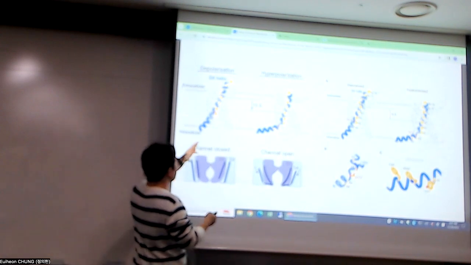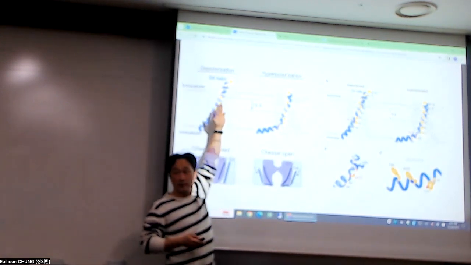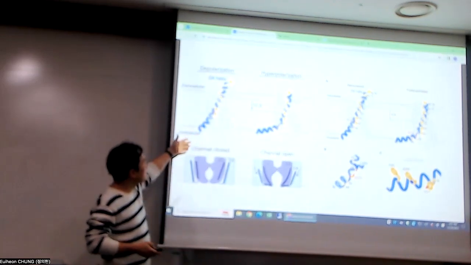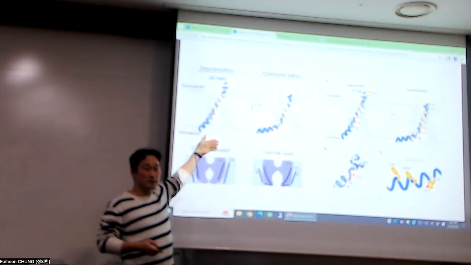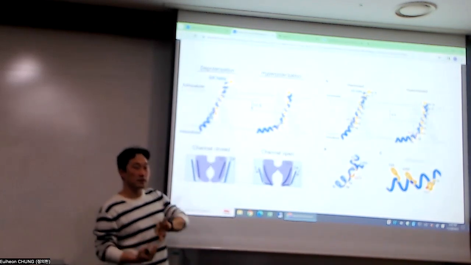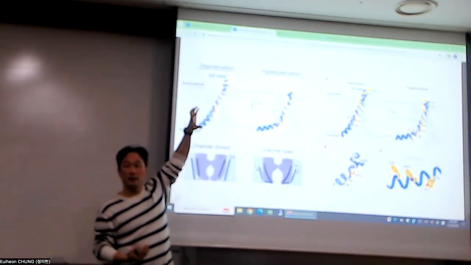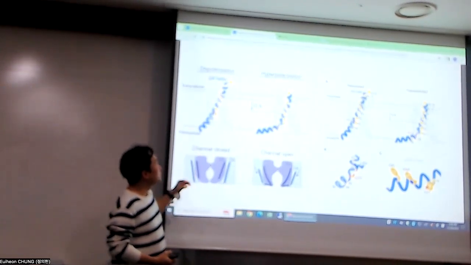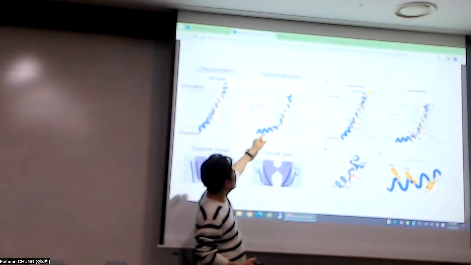So many positive charges align in this transmembrane region. In depolarization, the intracellular region is polarized, the positive charge is pushed outward, and bounces back. Understand? Okay. Then what happens in hyperpolarization?